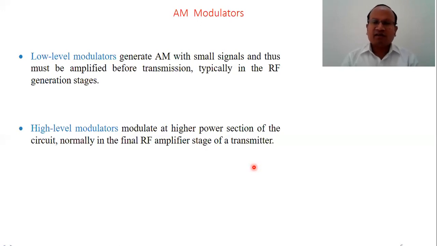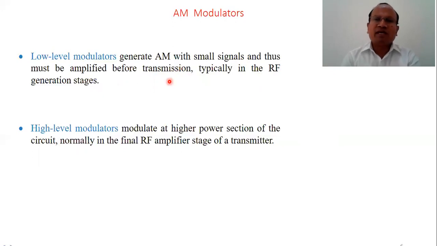Let's understand. Low level modulators are where we generate the AM signal with a considerably small signal. The AM signal strength is small, and therefore it has to be amplified before transmission, typically in the RF generation stages. Then it can be amplified.